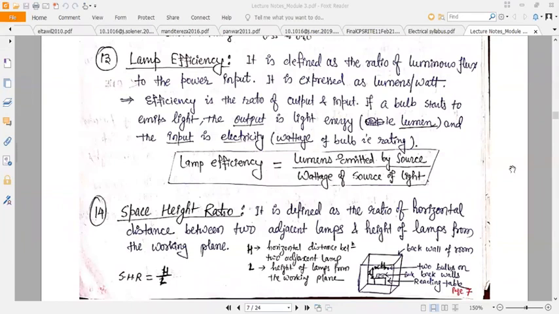It is defined as the ratio of horizontal distance between two adjacent lamps and height of the lamp from the working plane. Distance between two adjacent lamps divided by the height of the lamp from the working plane. This is the space height ratio.